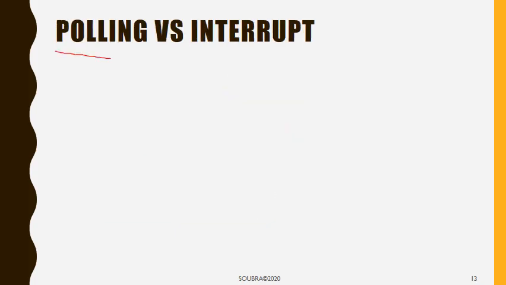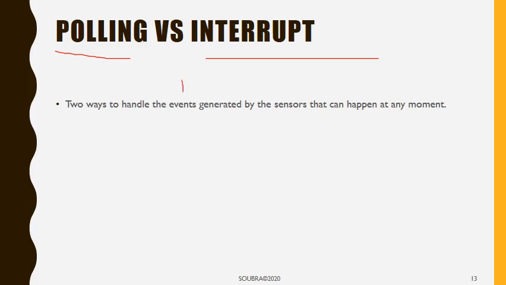Right, this brings us to something important: the difference between polling and interrupt-based handling. So to handle events generated by sensors, we can see those as external events for now, and they can happen at any moment. We have two schools of thought here.